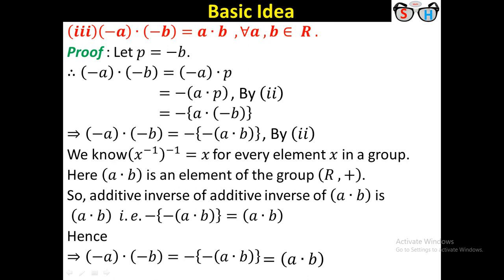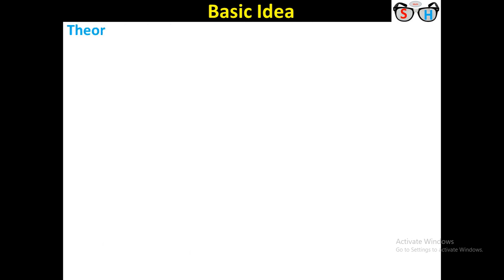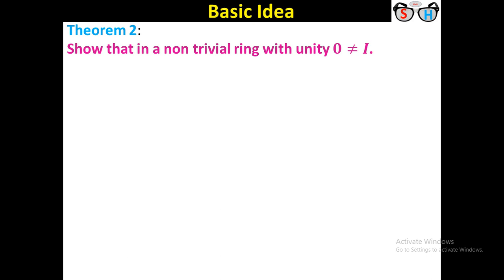Okay, I hope that you understand this part also. Now I will go to a theorem about the relation between unity and the zero element. This theorem states: show that in a non-trivial ring with unity, 0 is not equal to I. That is, the zero element and unity are distinct elements.